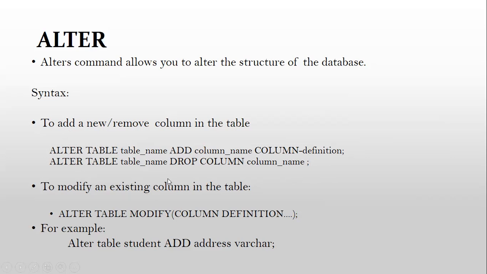When you want to delete a particular column, you need to write alter table, table name, then drop column, and after that, just give the name of the column. There is one example given: alter table student, add address. Address will be the column and varchar will be the column definition for this.